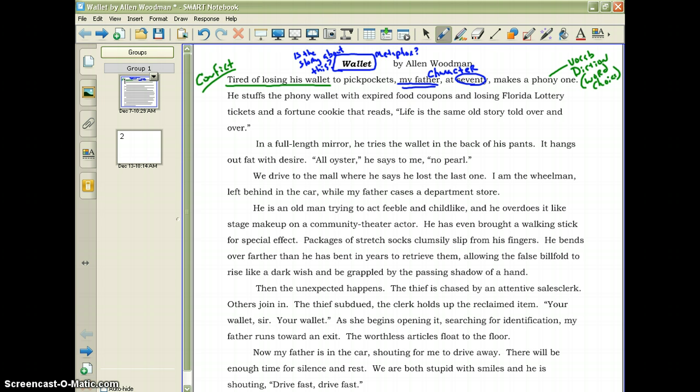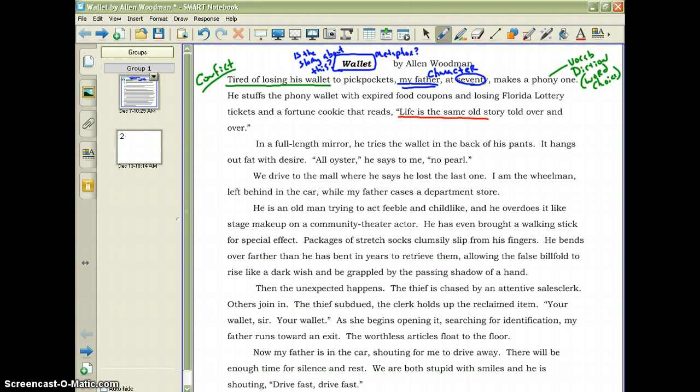He stuffs the phony wallet with expired food coupons and losing Florida lottery tickets and a fortune cookie that reads, "Life is the same old story told over and over." And I think what pops out to me really fast is that fortune cookie. It seems weird to actually add that in there.